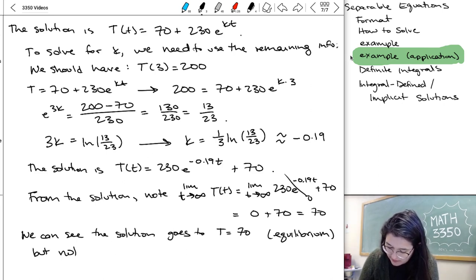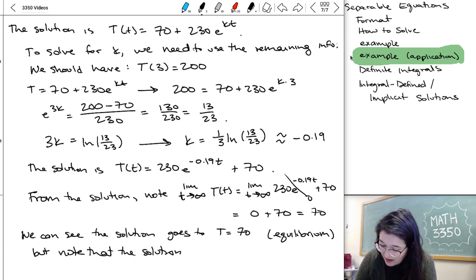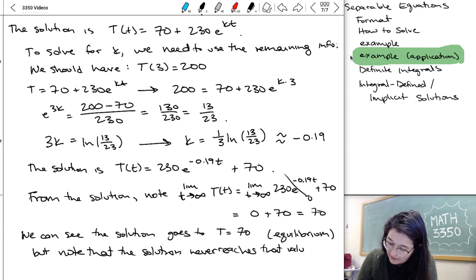But we should note that the solution never reaches that value. So all our discussion of equilibria was that we tend towards those values, but I do want to be clear that mathematically the e doesn't actually go away in finite time, so it's just forever heading towards that value.